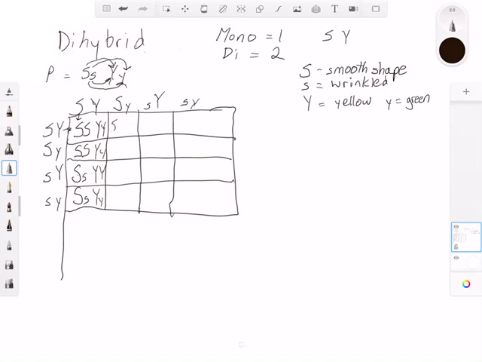So I'm going to bring down all my capital S's from the top and all my lowercase y's. Then I'm going to bring across, so you have capital S, lowercase s, lowercase s. And I'm just bringing these from the left-hand side. So now I have this capital Y from the left-hand side going into this box.